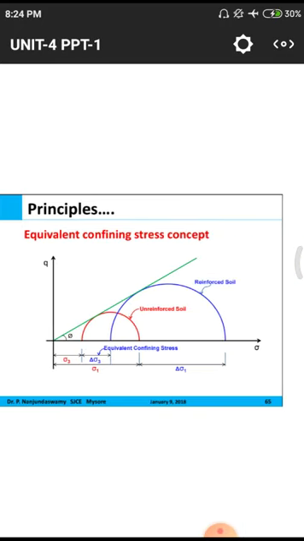Here we observe the equivalent confining stresses in reinforced soil and unreinforced soil, with a green line, and we observe sigma 3, sigma 1 and delta sigma 1. Those are the equivalent confining stress concepts.